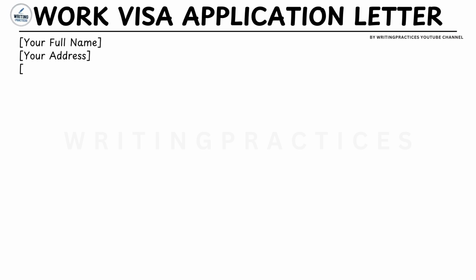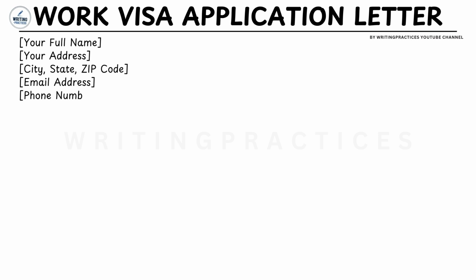Check this out. Your contact information. The first thing to include in your letter is your personal details, which go at the top left corner. This ensures that the embassy or consulate knows who is making the request. Make sure to include your full name, your complete address, your city, state, and zip code, your email address, your phone number.